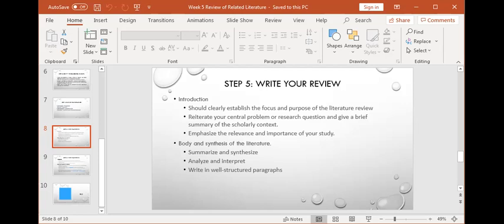So the body and synthesis of the literature: the body summarizes and synthesizes the literature you have read and understood. It was analyzed and interpreted, and it is written in well-structured paragraphs. Guys, think about it ha, may synthesis. So meaning to say, ang synthesis mo sa katapusan nga parts ng imong review literature.